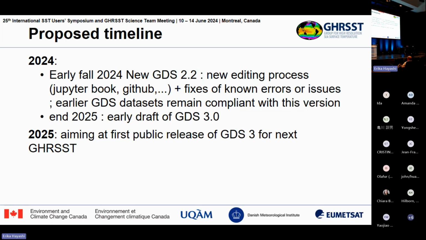So it will happen through online discussion through this GitHub repository. Ideally, we could have an early draft by the end of this year, aiming at a more consolidated release for the next GRIST meeting.